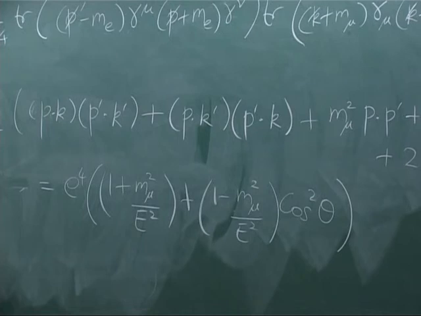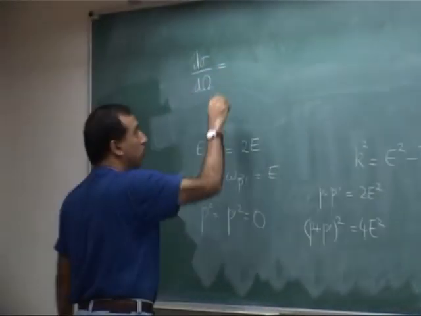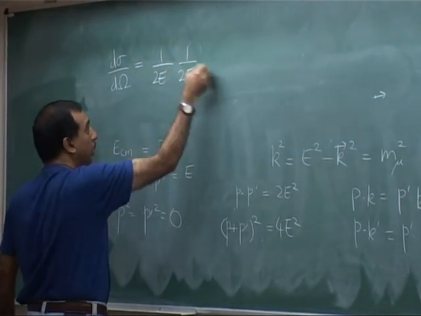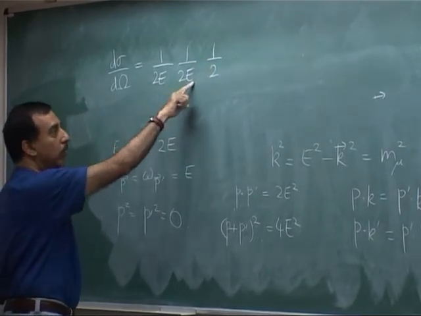Now I have to bring back the differential cross section. This had 1 upon 2E, 1 upon 2E, so this was 1 over 2 omega P, 1 over 2 omega P prime.